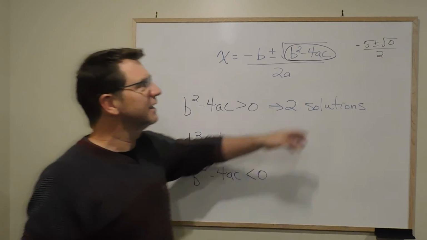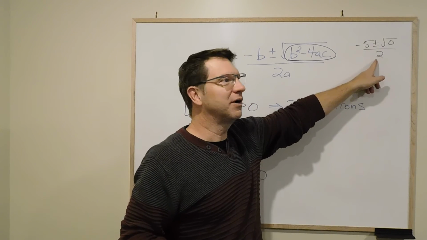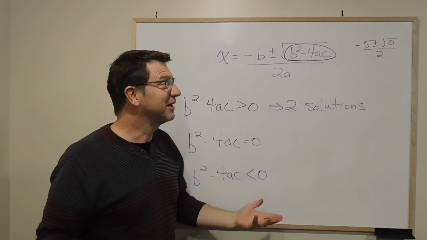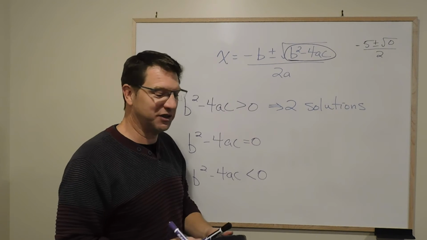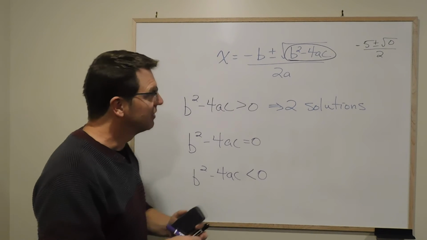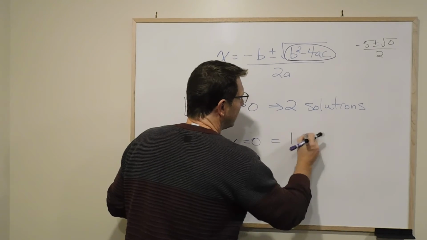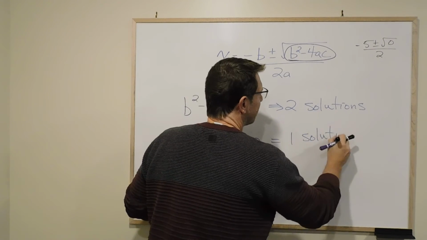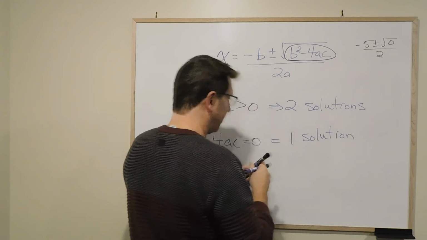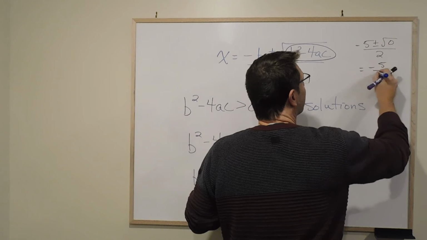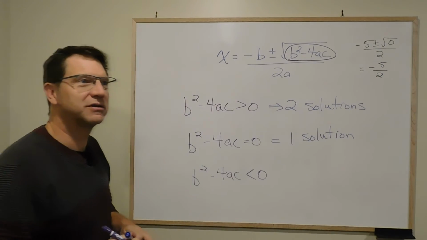Well, negative 5 plus 0 over 2 and negative 5 minus 0 over 2 are the exact same, because it doesn't matter if you're adding or subtracting 0, it doesn't change that numerator. So, not surprisingly, you would end up with one solution. And in this case, that one solution would be negative 5 over 2.